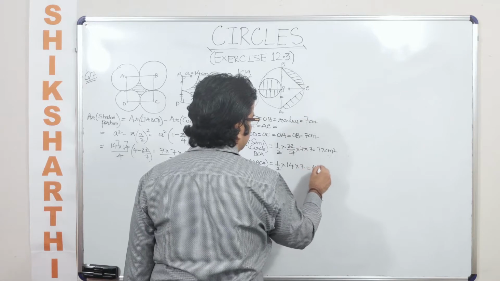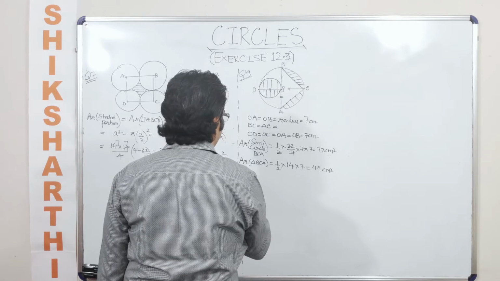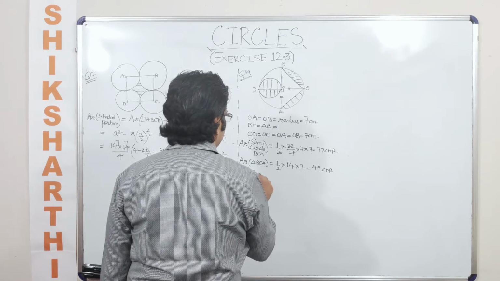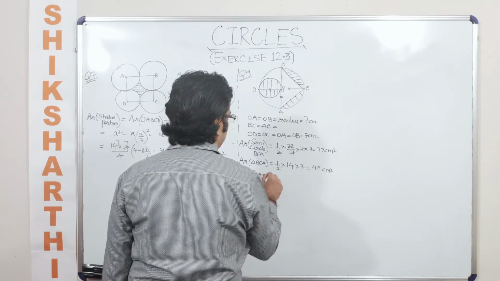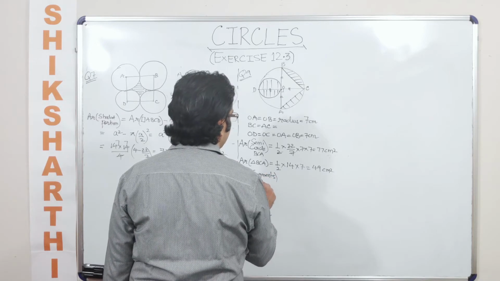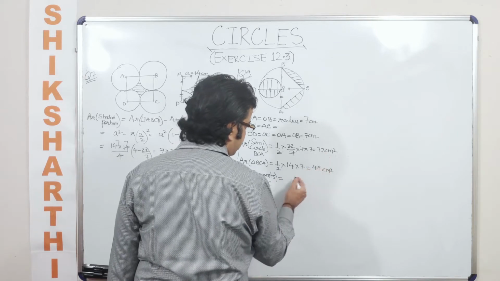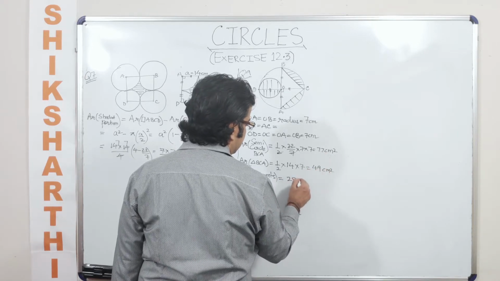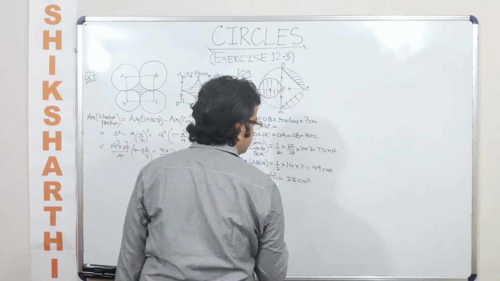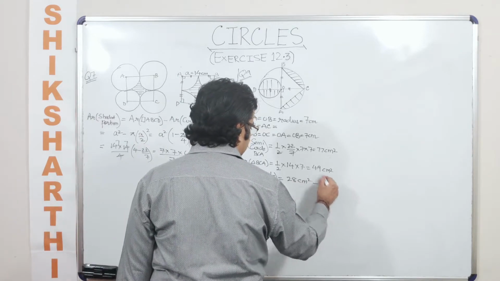Now this is 49 centimeter square. So the area of the segment, we are talking about segment BC and segment AC, will be 77 minus 49, which is 28 centimeter square. Let's say this is part 1 of it.